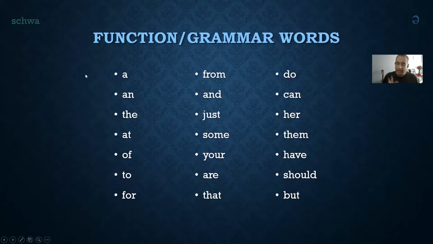Now, if you want to emphasize something, like you ask for a burger at a restaurant and the waiter brings you 2 burgers, then you want to emphasize the fact that you wanted 1 burger, right? Then you can say, excuse me, I wanted a burger, right?